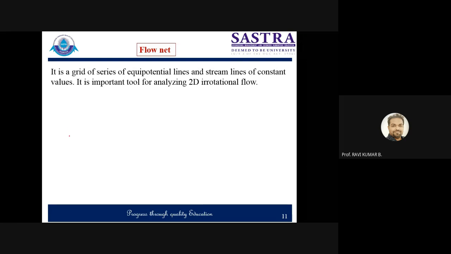So like if I want to see in a pipe, if the pipe is something like this, this is a pipe which is undergoing a convergent portion. So here it is almost constant. From here the area is converging, and finally flow is coming out from this side.